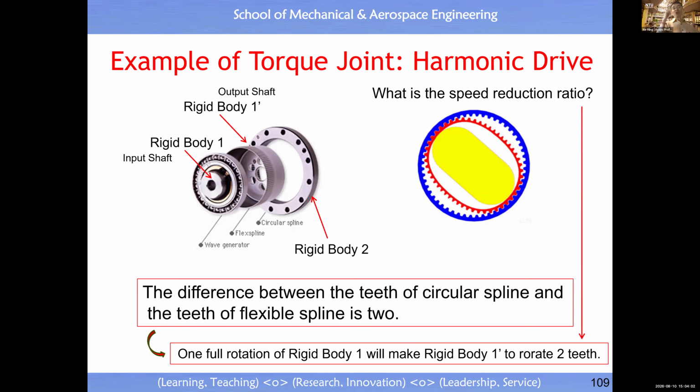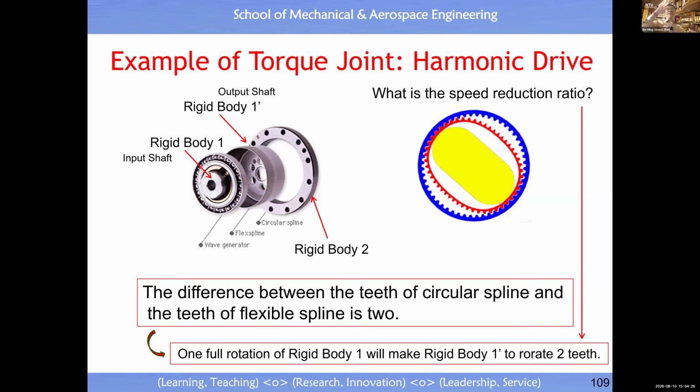The difference is 2. If the difference is 0, for example, the number of teeth for rigid body 1 prime is exactly equal to the number of teeth for rigid body 2, the consequence is what? When it rotates, there's no relative motion between rigid body 1 prime and rigid body 2. Yes or no? Relative motion is 0.